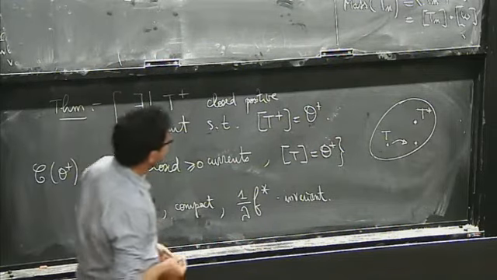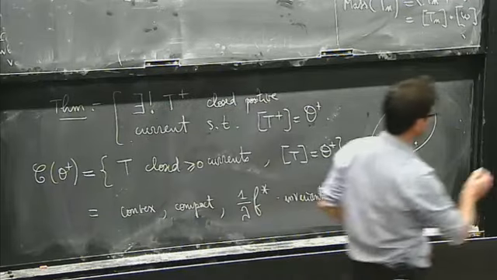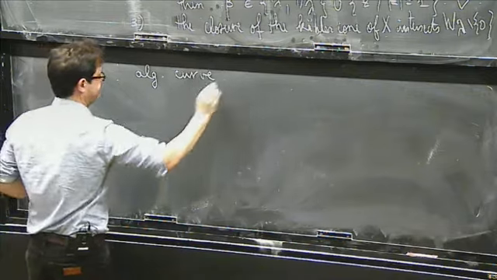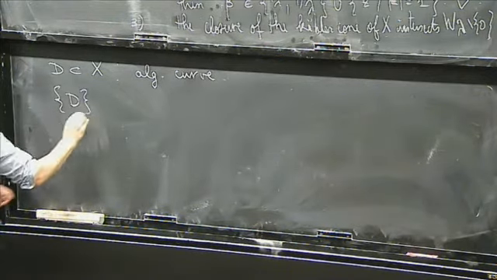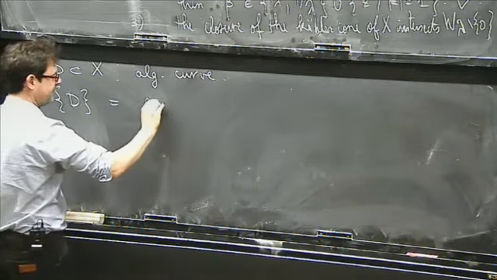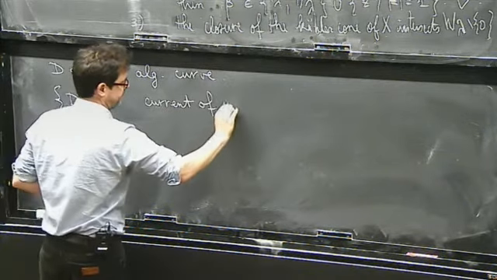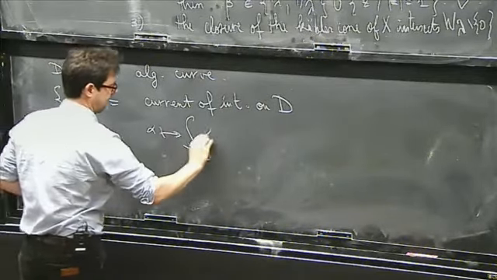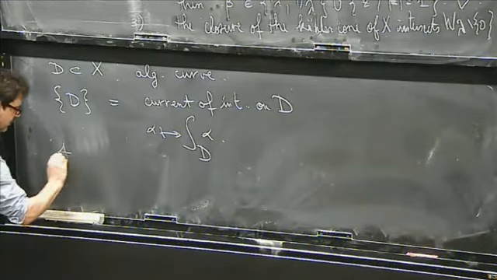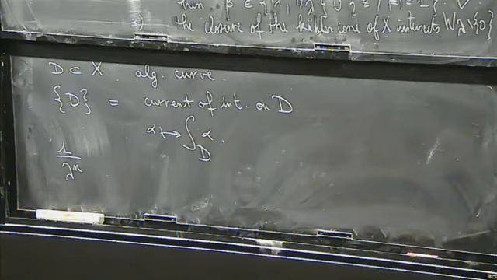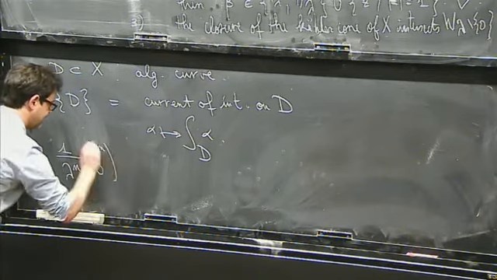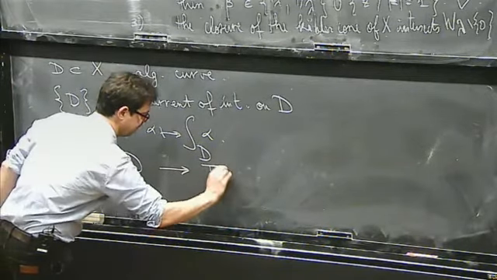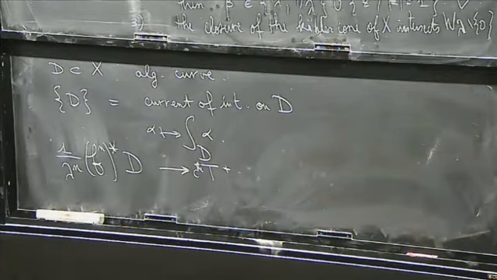Another corollary is if you take an algebraic curve, so let's say D in X is an algebraic curve, and you define D with this kind of bracket to be the current of integration on the curve D, so it's just the integral on D, then 1 over lambda to the n f^n star D converges toward a constant times t plus.